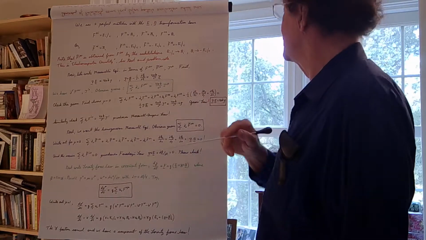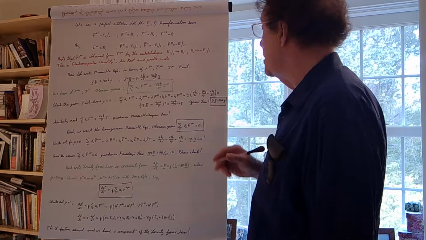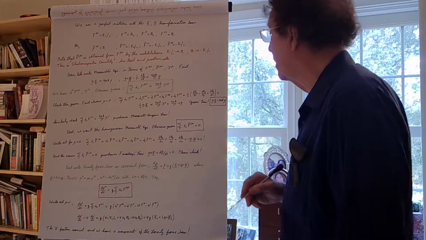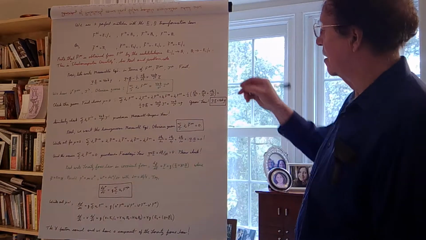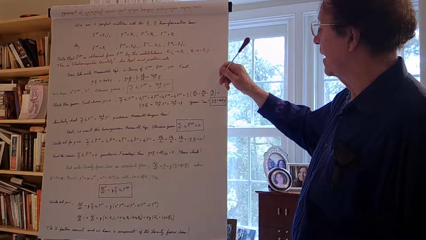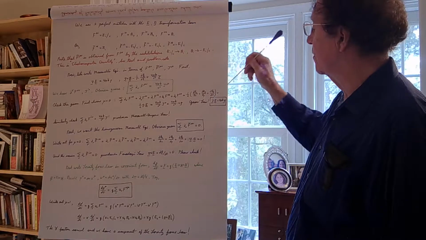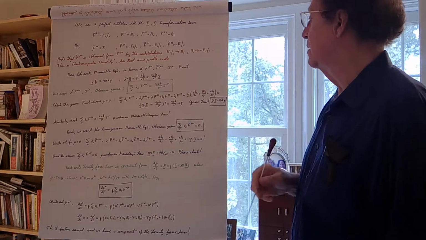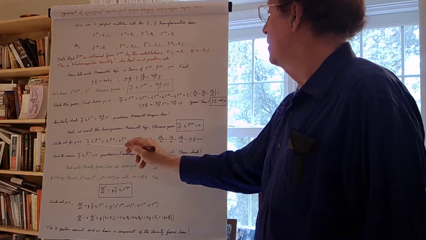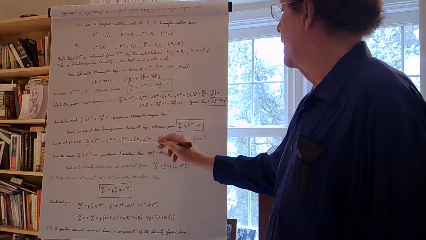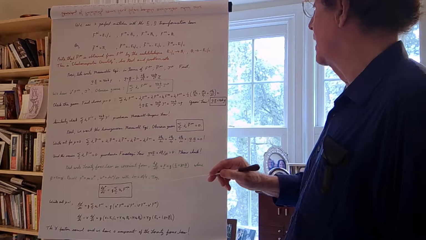But I have this other tensor available, and let's see what happens when I say that its 4 divergence is equal to 0. I have to sum over nu of gradient applied to F dual mu nu. So there are 4 equations here because mu can vary from 0 to 3. The nu's are summed over. So I'll choose mu equals 0 and write it out, similar to what I did before.